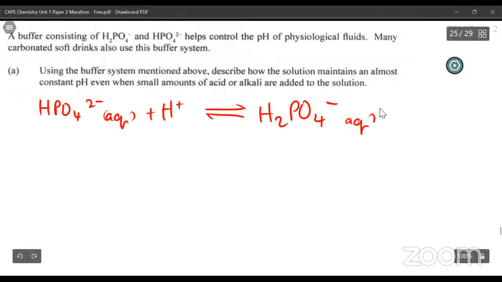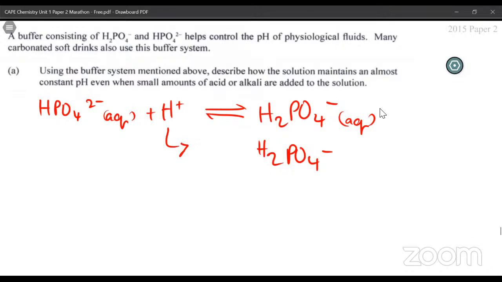That's the first thing. Now, if you add H plus ions to the solution, the equilibrium will shift, and more H2PO4 minus will be produced in order to get rid of the H plus ions you added. This whole principle is based on Le Chatelier's principle: if you disturb a system, the system will try to combat it and restore its equilibrium.